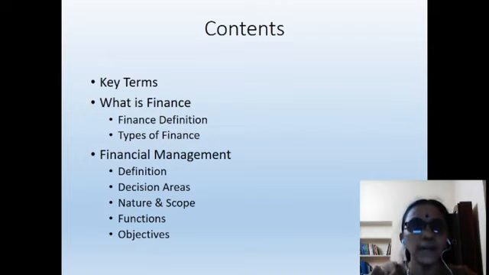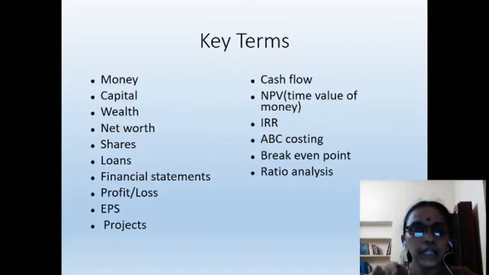objectives of financial management. The key terms associated with any business entity or firm or government can be many, but the important key terms are money, capital, wealth, net worth of the company or personal, shares of the company, loans, financial statements, profit and loss.